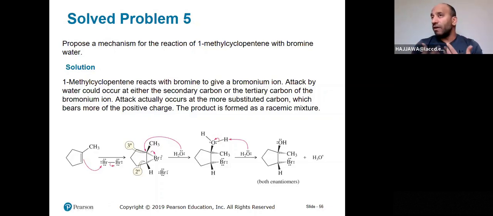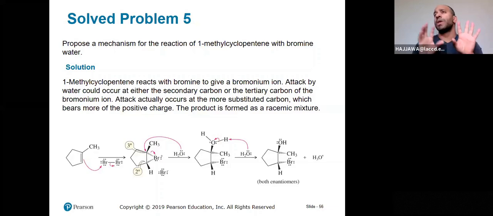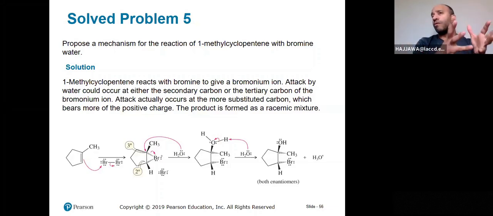You may end up having 50-50 of those two enantiomers. So you have OH pointing away and Br pointing towards as the second structure. When you are asked a question on a quiz or an exam, you draw both of them, or you draw one of them and say plus enantiomer. That's perfectly fine.